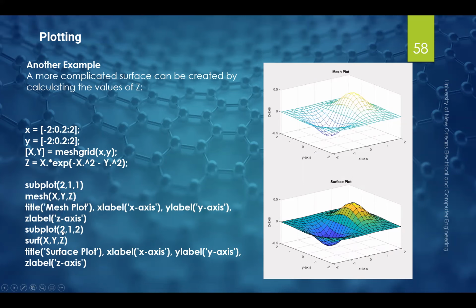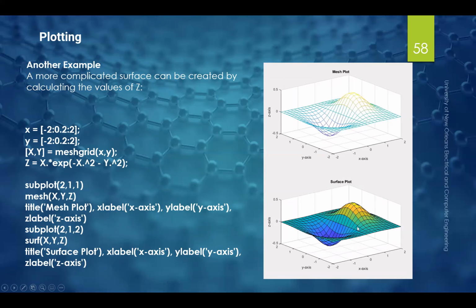And then on the second plot, we tell it to go into the second location. And this time we're using the surf command for the same plot. As you can see, it is identical. We're using the same labels, different title, obviously. But the difference is that if you use mesh, you see the idea of a mesh.